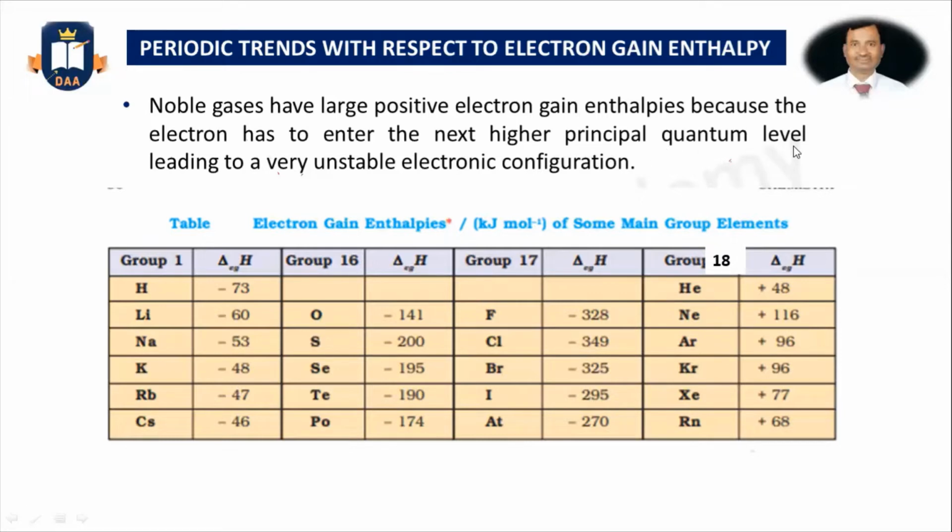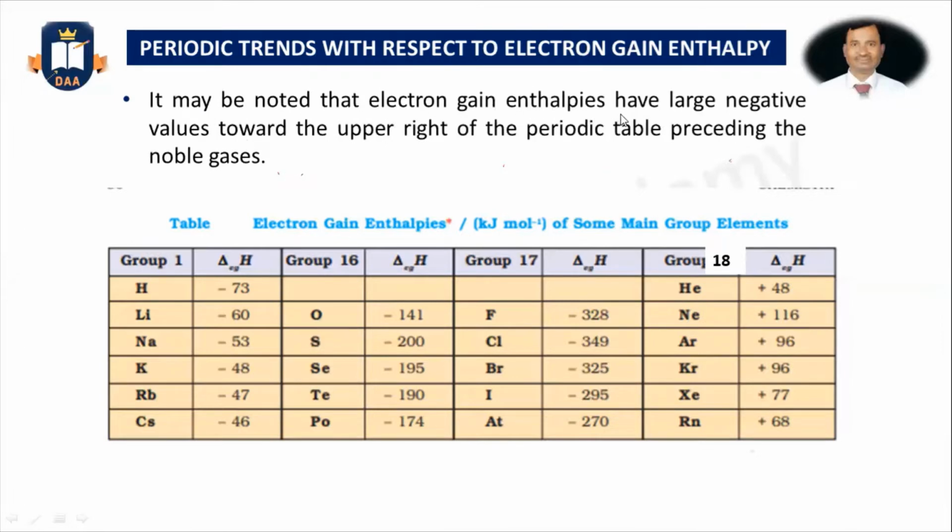So if we add this electron, then this atom in its anionic form will be very unstable in respect of electronic configuration. That means it is very difficult. You need energy. That means this adding of electrons will be endothermic, and that's why the noble gases have large positive electron gain enthalpies.